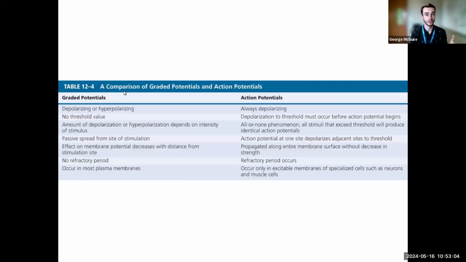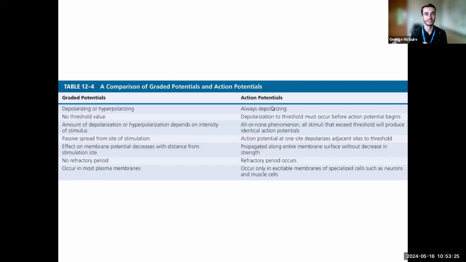We can have excitatory signals, which would be depolarizing, and inhibitory signals, which would be hyperpolarizing, right? So the combination of all these different signals that one neuron may be experiencing is going to determine whether an action potential starts. An action potential is always depolarizing.